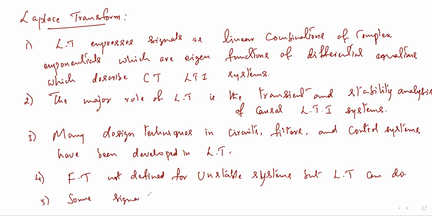Some signals which are not Fourier transformable can also be Laplace transformable. Ramp function doesn't have Fourier transform, but we have Laplace.